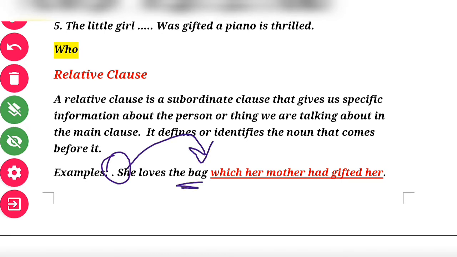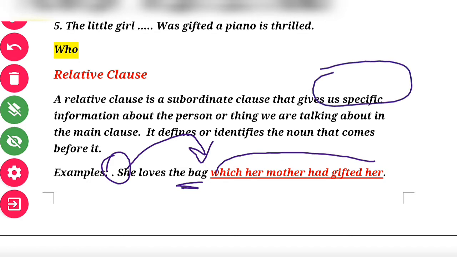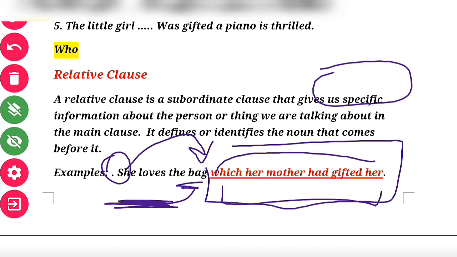The bag which her mother had gifted her, the same bag which was gifted by her mother, she loved especially that bag. That is why a relative clause always gives specific information about the person or thing which is given in the main clause, and this is the main clause here. As it started with which, we understand that from here to here it is a subordinate clause that is beginning with a relative pronoun.